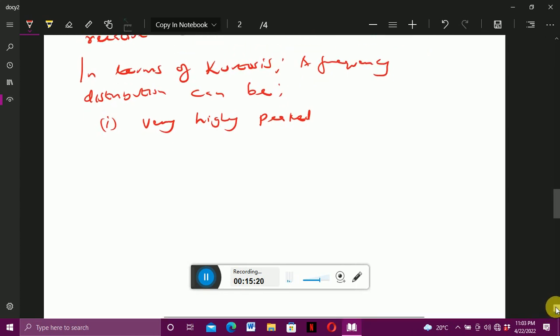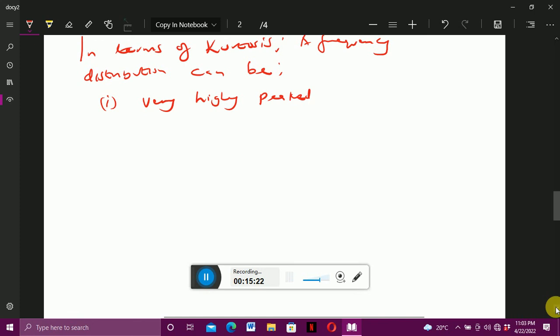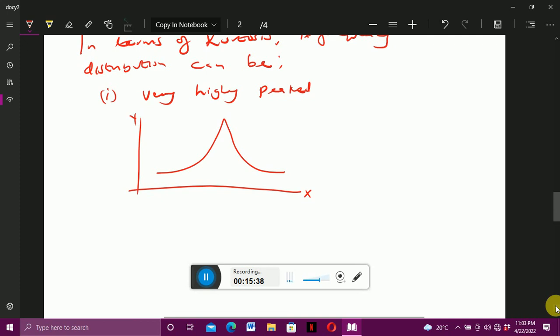How will a frequency curve look when a distribution is very highly peaked? This is the x-axis, that's the y-axis. So it will look like that. And we say that this very highly peaked distribution is leptokurtic.